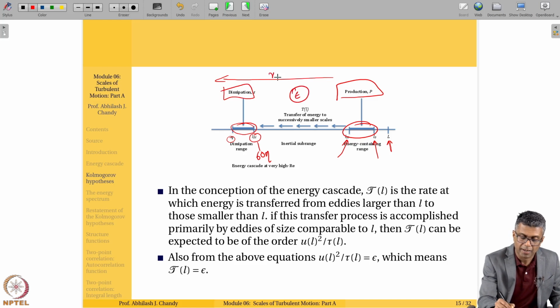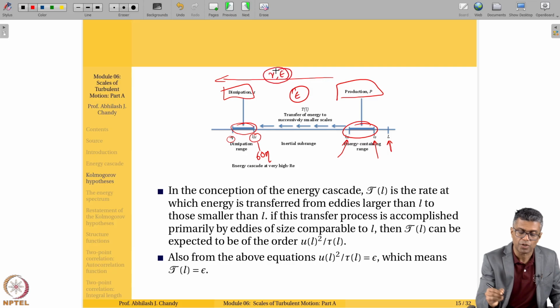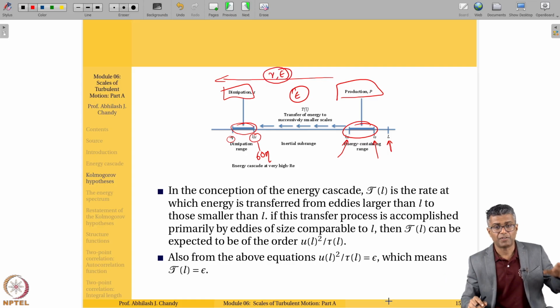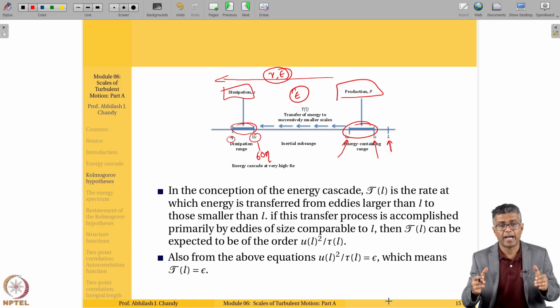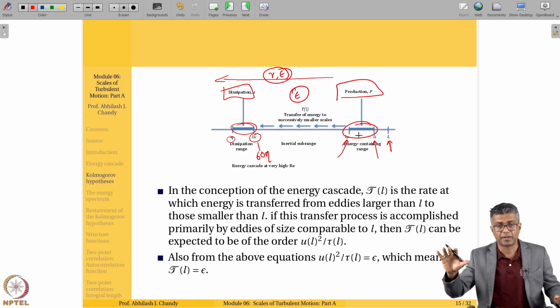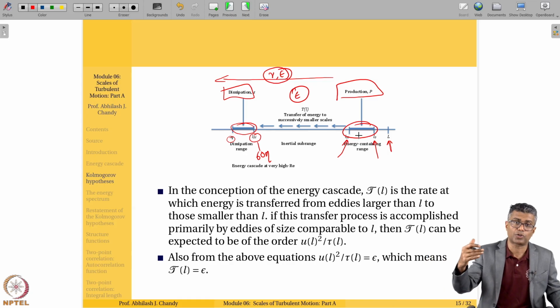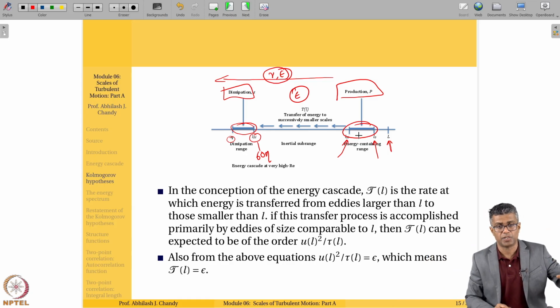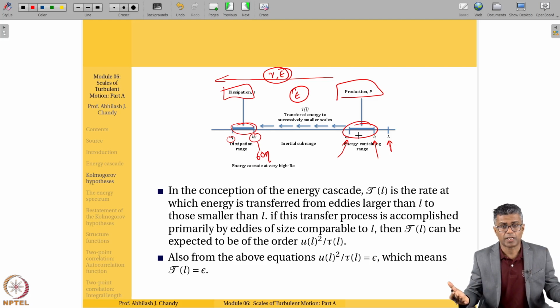Here, the entire thing is dependent on kinematic viscosity and dissipation rate. So I have production, I have dissipation, and in between I have transfer of energy. From the energy containing range, the energy gets transferred through the inertial subrange to the dissipation range, and there it dissipates. So this is the energy cascade, isn't it?